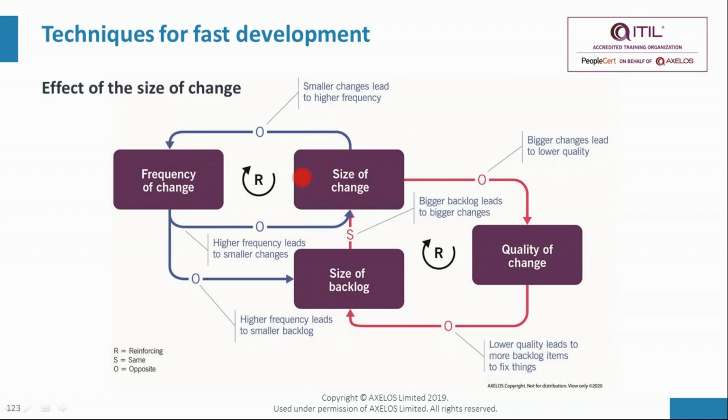So if the change size is very small, we can do more changes frequently. That's the first thing. And because of higher frequency, now this one here, because of higher frequency of change, it creates a smaller backlog.